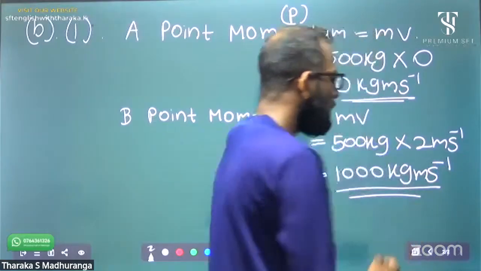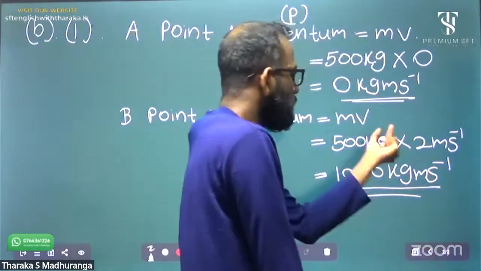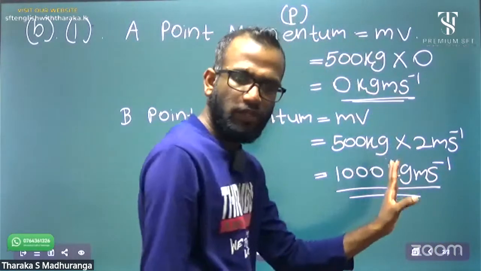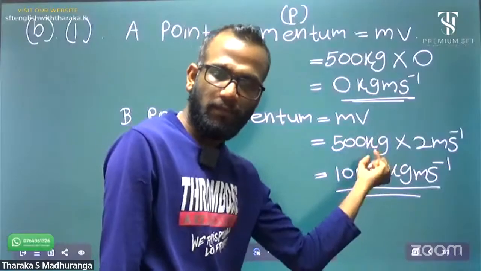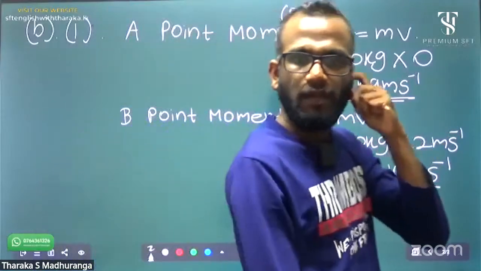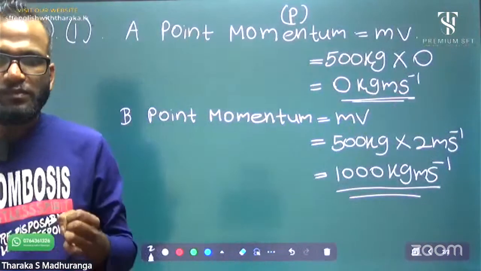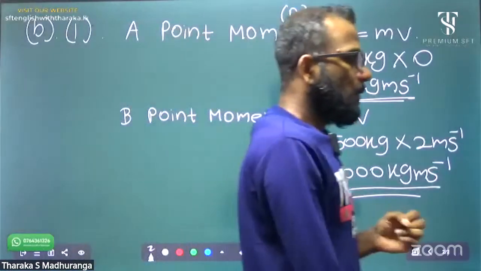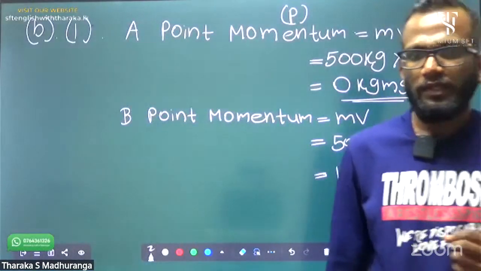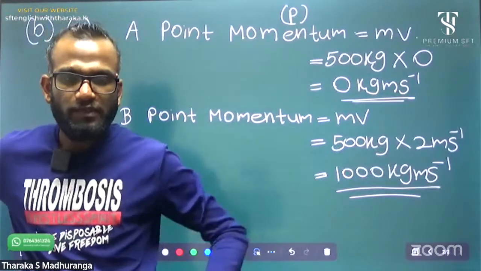Very simple. kg m s^-1 is the unit of momentum. Remember, kg m s^-1 because mass into velocity: kilogram comes from mass, meters per second comes from velocity. Understood? Okay, this is the answer for the first part of B part first question.